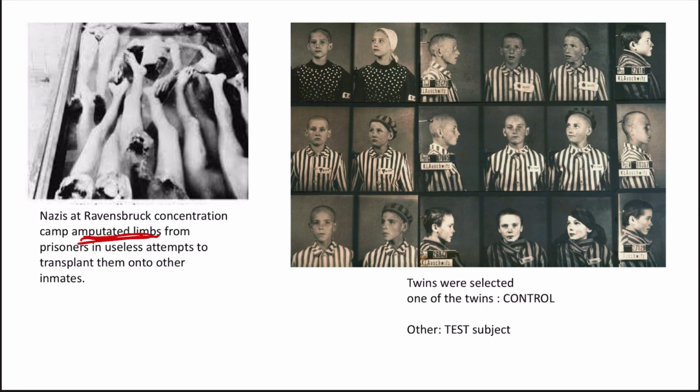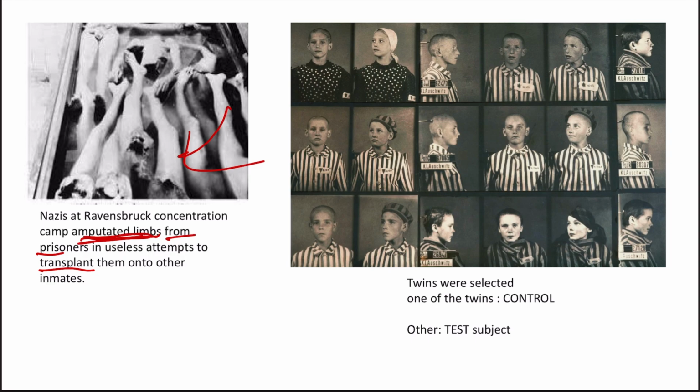Okay, so these were the limbs from the prisoners which were actually amputated and were tried to be transplanted. So these limbs were amputated from one individual, and they thought of transplanting these limbs to another individual in the prison, but this led to failed attempts, as you can see here.